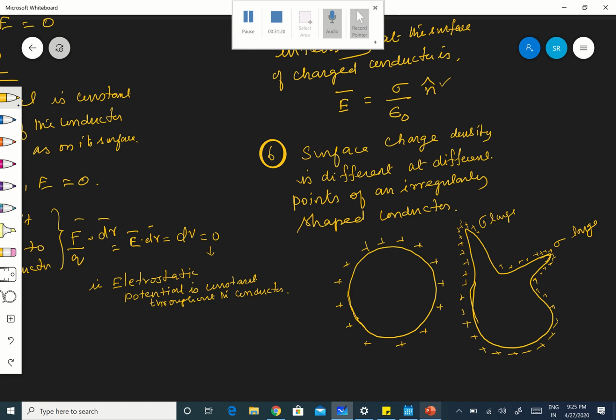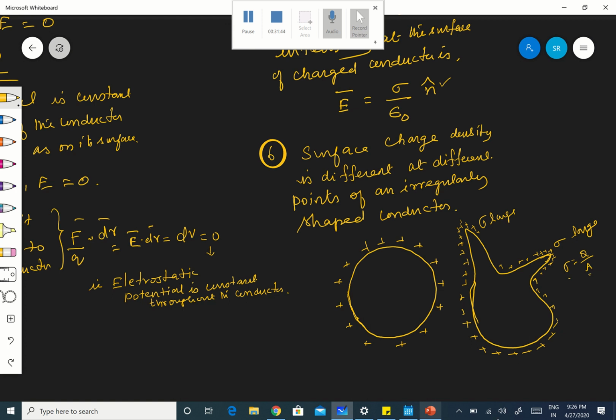Because at the sharp points, the charges will get accumulated like this. Therefore sigma is equal to Q by A, where A here is related to the radius of curvature. Here the radius of curvature is very very small, the tip, na. Therefore, that time sigma will be more.